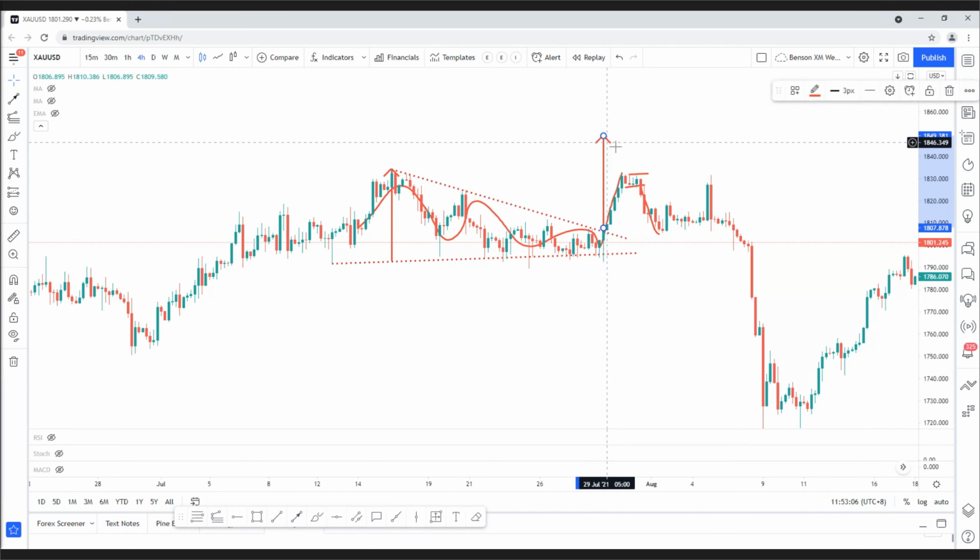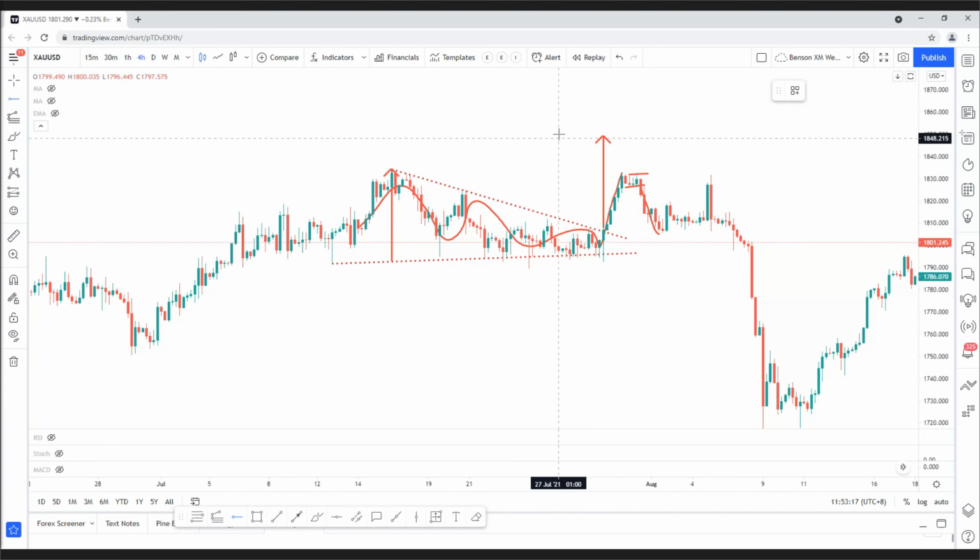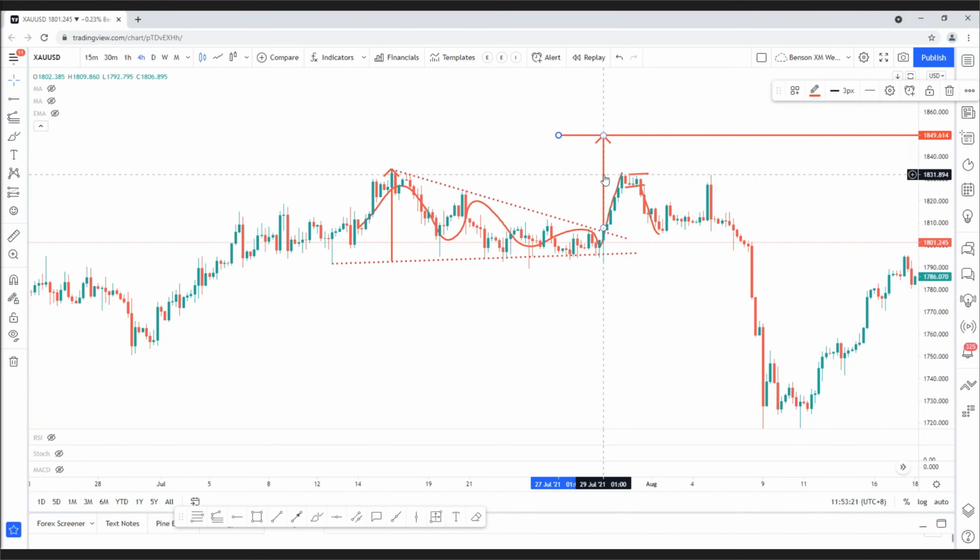If I put it over here, the measurement for this ascending triangle breakout is supposed to be here, the estimated price target.